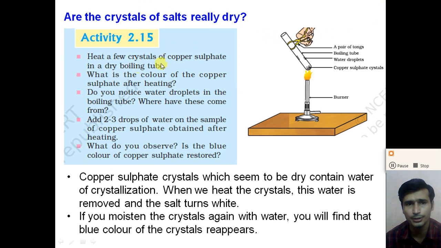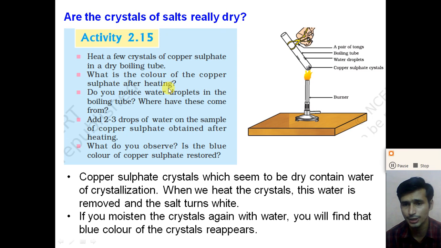Heat a few crystals of copper sulphate in a dry boiling tube. Take this type of test tube and put crystals of copper sulphate, a type of dry salt, and heat them with the help of a burner. What is the color of the copper sulphate after heating?